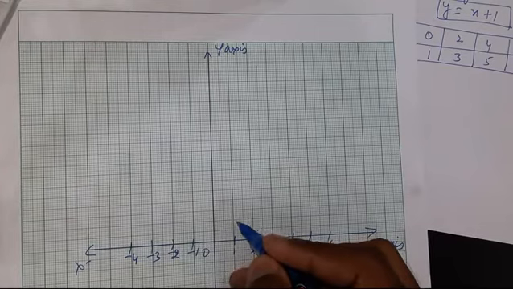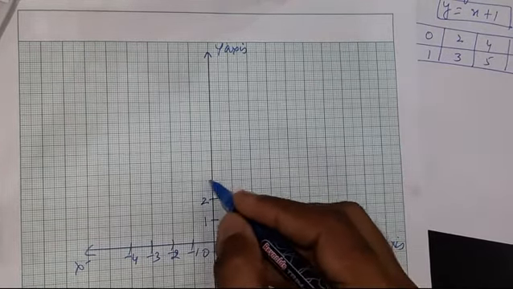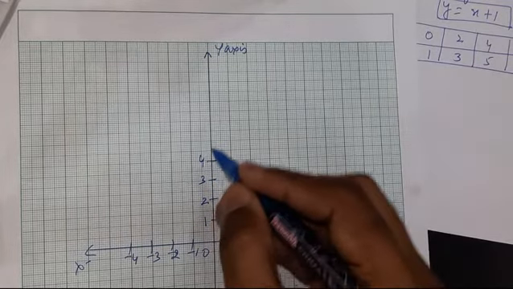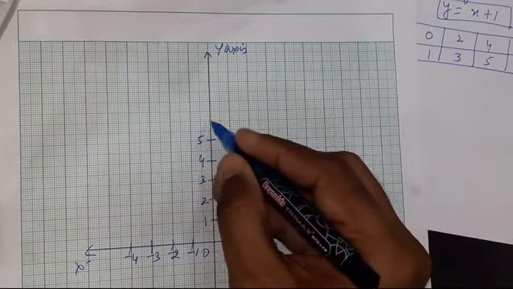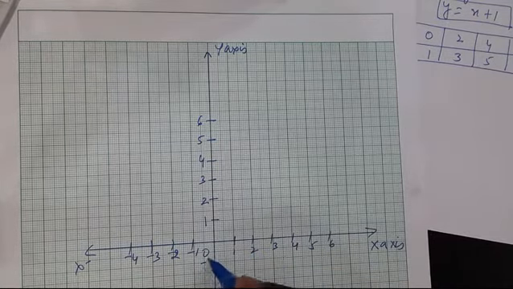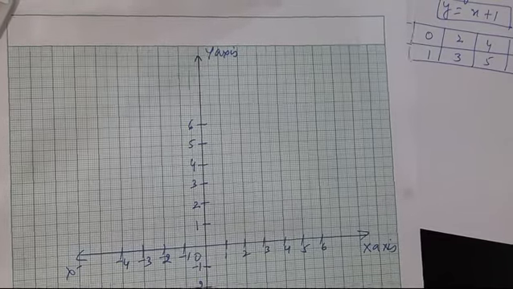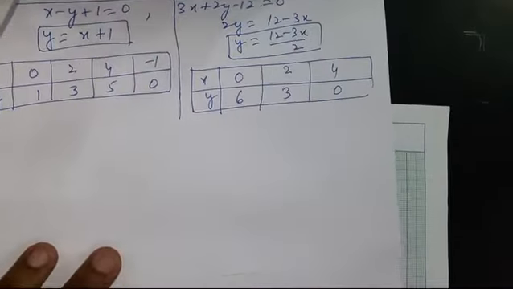Similarly 1, 2, 3, 4, 5, 6, like this, and minus 1, minus 2, minus 3, minus 4 and so on on the y-axis. Got it? Now this was our solution, as you can see here.